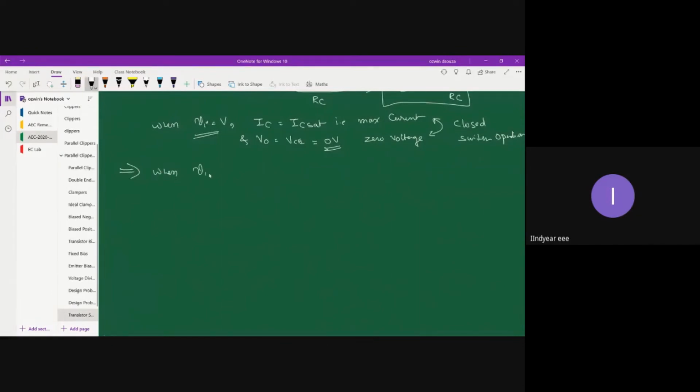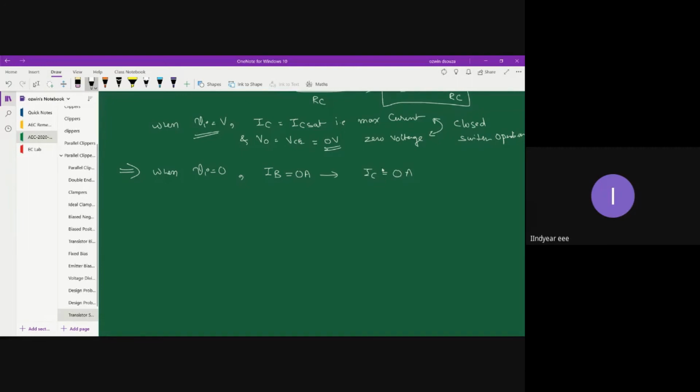When you make your input 0 volt, so when Vi is equal to 0, what happens? Base current becomes 0. When base current becomes 0, the collector current also becomes 0.